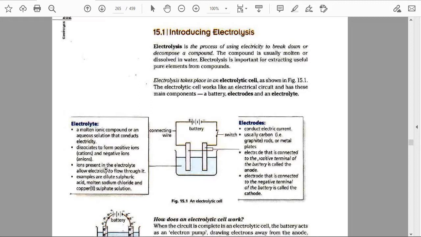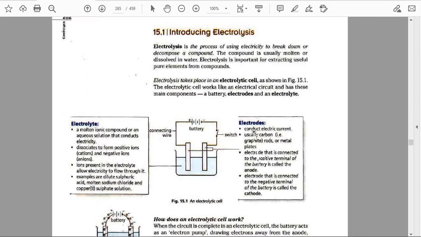The ions present allow electricity to flow through it. Examples of electrolytes are dilute sulfuric acid, H2SO4, molten sodium chloride, NaCl, and copper sulfate solution, CuSO4.